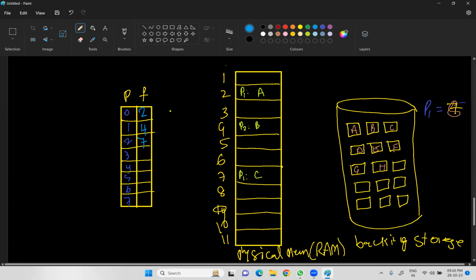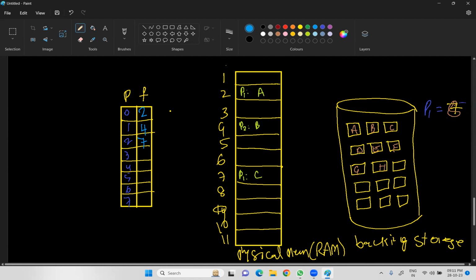So if I would like to continue my process, after completion of these 3 pages, I need one more page to be executed, but there is no space for me to take that particular page and have it executed by the CPU. Then what should I do?